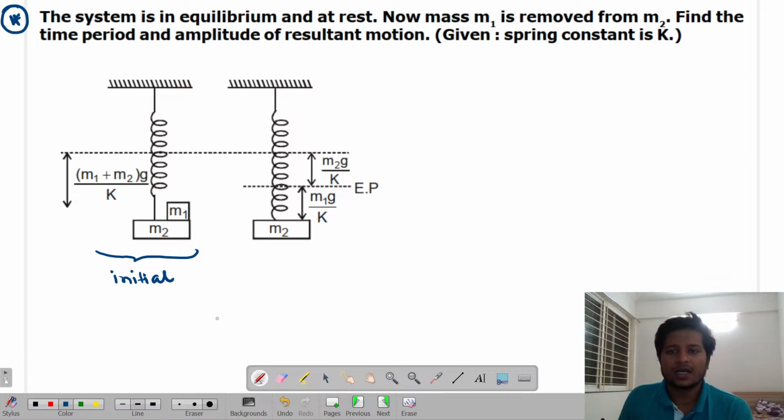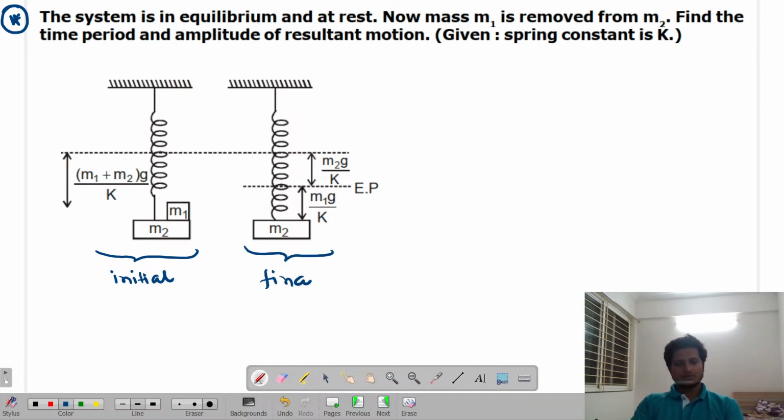I remove mass m1, there are two masses m1 and m2. Then the question is: find the time period and amplitude of the resultant motion. This is my initial case and this is my final case.